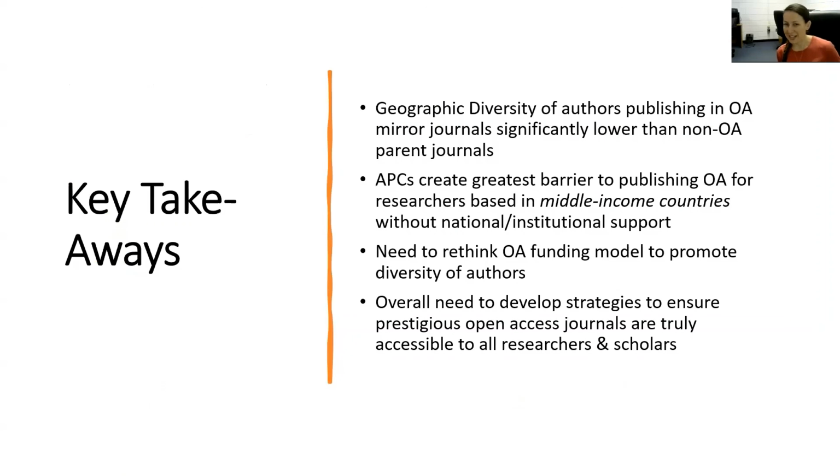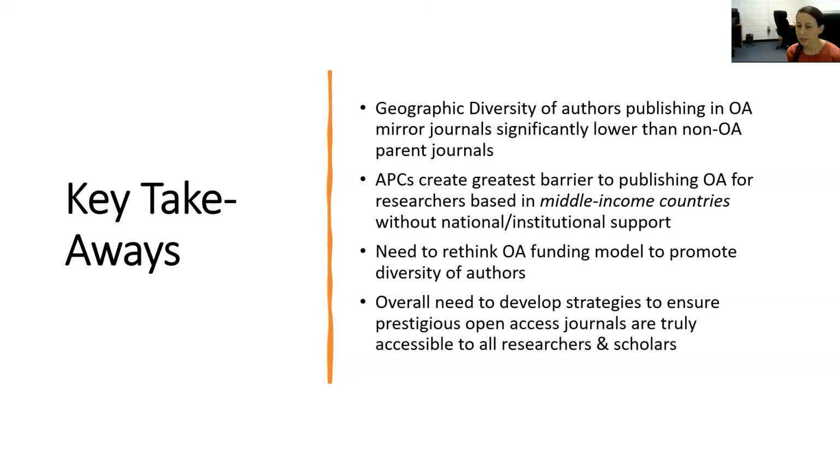And as a quick reminder, some of our key takeaways are that the geographic diversity of authors publishing in OA mirrored journals is significantly lower than non-OA parent journals. We think APCs create the greatest barrier to publishing open access for researchers based in middle-income countries, particularly those who don't have national or institutional support.